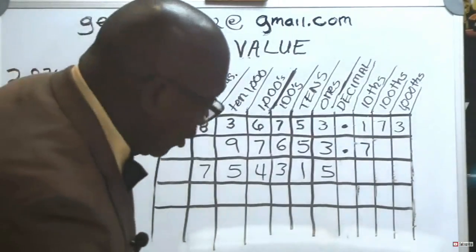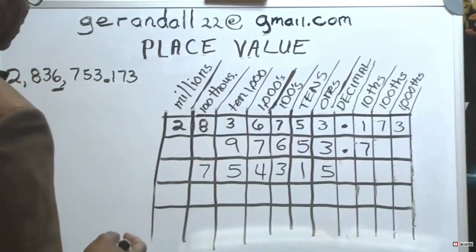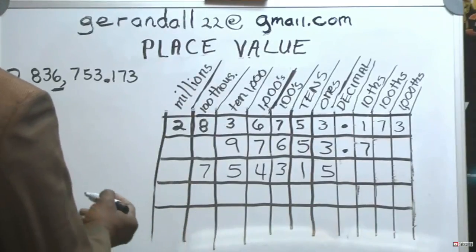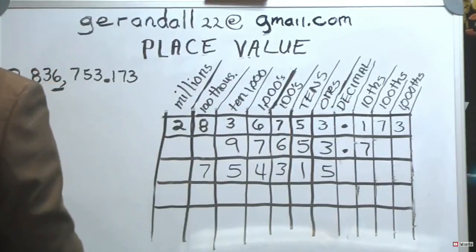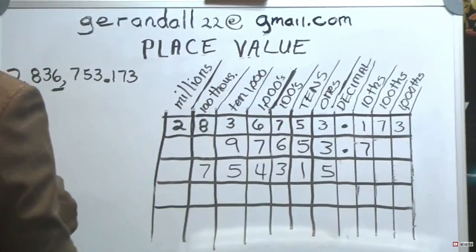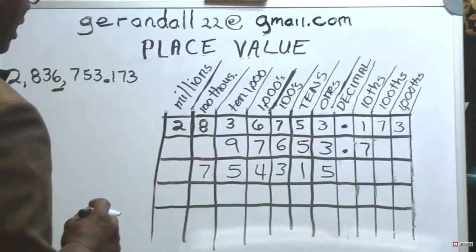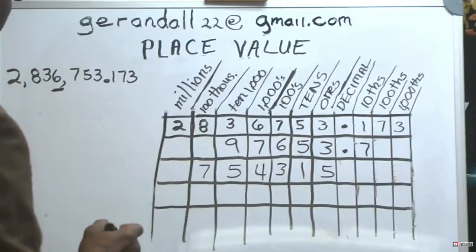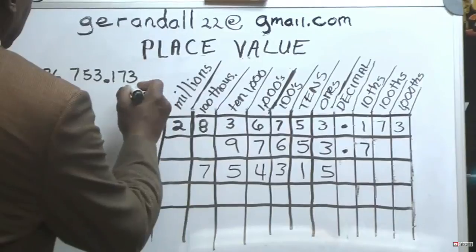Now, you heard me mention expanded form. There are going to be opportunities where you may have an assignment where, again, you have this 2,836,753 and 173 thousandths, and your teacher asks you to just convey this digit here.